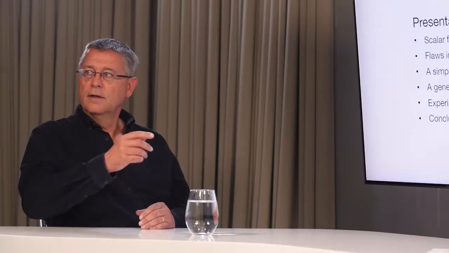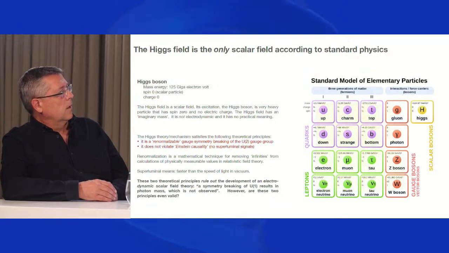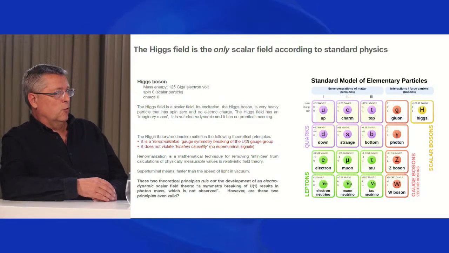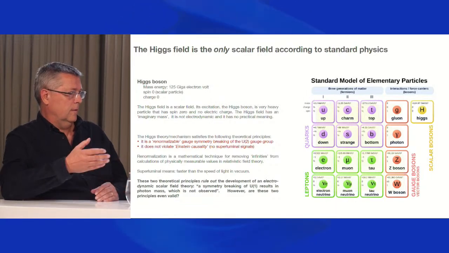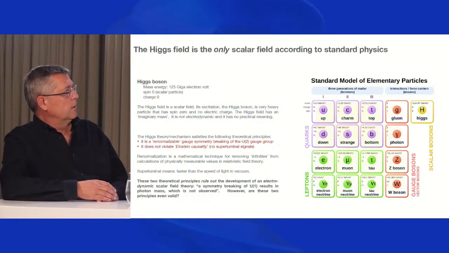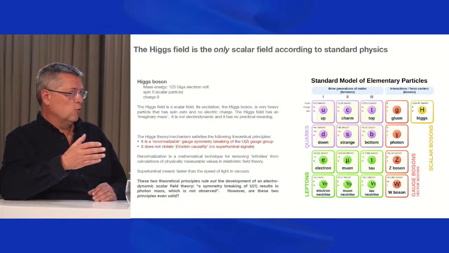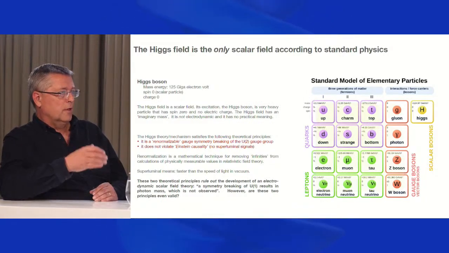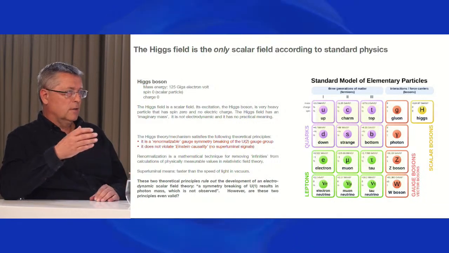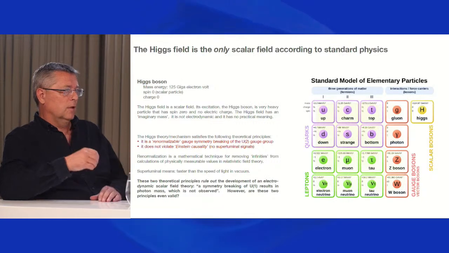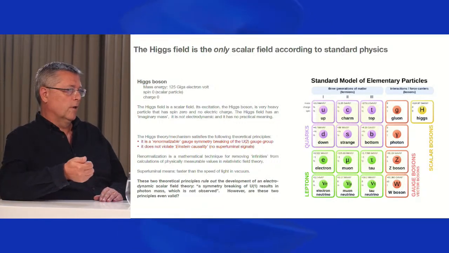Next slide. Okay, we have a very official scalar field according to CERN and the physics community, and that's the Higgs field, the well-known Higgs field with the Higgs boson. The Higgs boson has a spin 0, and that's why it is a scalar boson, while all the other bosons and fermions have spin 1/2 or spin 1.